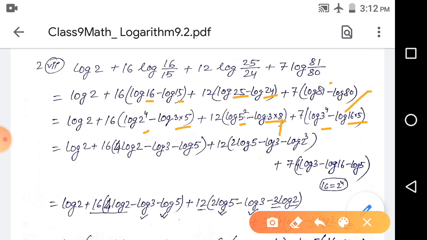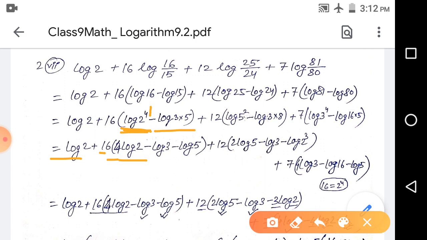Okay? Now see, in the next line, the same thing that I am talking about we have used here. Log 2 remains as it is. Here we have 16 outside. Okay, 16 outside. So this one, by using the power law, this 4 is taken as multiple, so this is 4 log 2. Okay, now here we are using the product law.